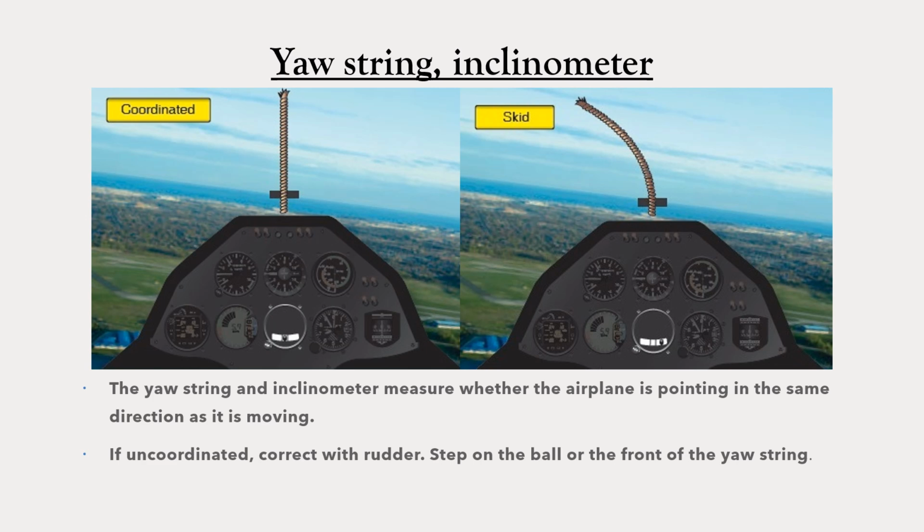So if you're uncoordinated and you want to get coordinated again, you correct by pushing one of the rudders. And the saying is step on the ball. So if you're in this situation shown in this right picture, you would want to step on the right rudder because the ball is off on the right side. Or if you're looking at the yaw string, which is usually easier to do in a glider, step on the bottom of the string.